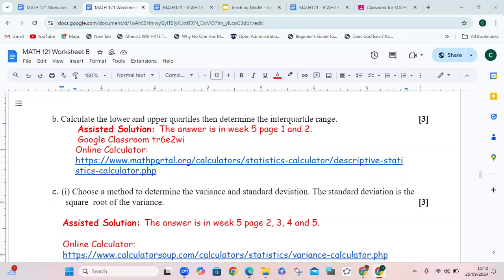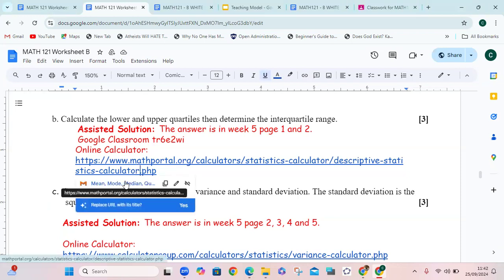You have SPSS, you have JASP, you have R, you have Minitab, you have Excel. Okay, you have a whole bunch of others, and you have free online calculators. If you click on this one, there are many of them.